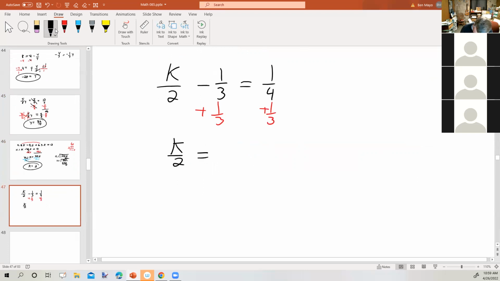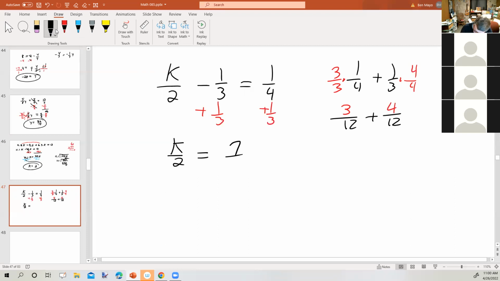So k over 2 equals, well, I've got what, 1/4 plus 1/3. To add those, I need a common denominator, which is going to be 12. So I'm going to multiply 1/4 by 3/3 to get 3/12. I'll multiply 1/3 by 4/4 to get 4/12. And 3/12 plus 4/12 is 7/12.